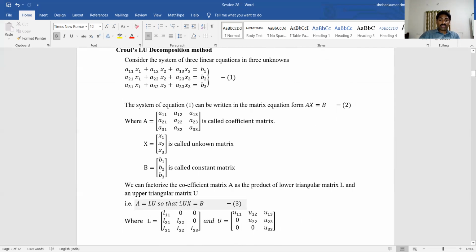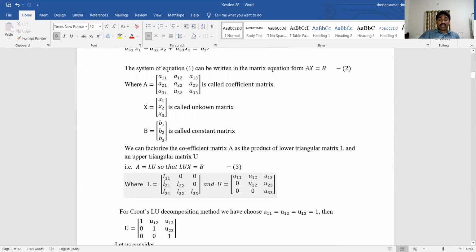Here put A is equal to LU in AX is equal to B, we get LUX is equal to B. Here L is a lower triangular matrix and U is an upper triangular matrix, where L is equal to L11, 0, 0, L21, L22, 0, L31, L32, L33, and U is the upper triangular matrix, U11, U12, U13, 0, U22, U23, 0, 0, U33.